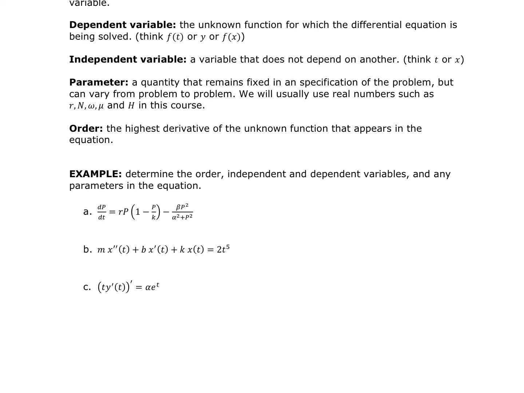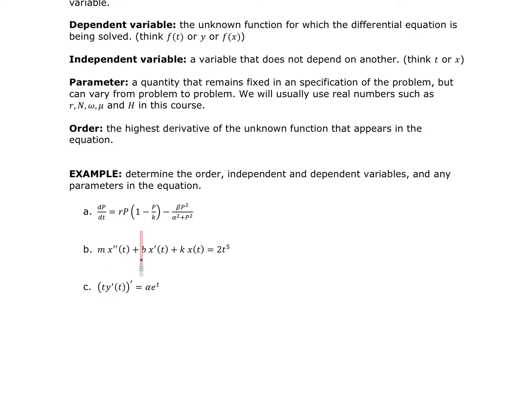So let's explore these examples where we're asked to determine the order, which one is the independent and which is the dependent variable, and any parameters that are in the equation. When we look at dp dt, this is our calculus notation, and we can see that the variable in the denominator, which is t, in the derivative of p with respect to t, tells us that t is the independent variable here, and p of t is our dependent variable.